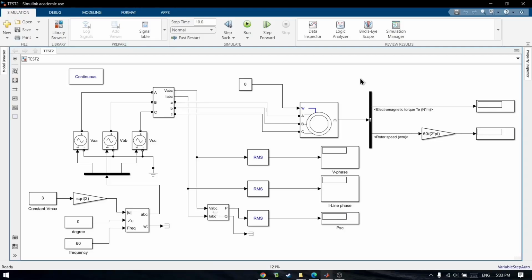In this simulation model, the block rotor test is performed by clamping the motor shaft to prevent rotation and applying a reduced 3-phase voltage to the stator. This setup mimics a short circuit condition in a transformer, allowing us to measure the series impedance components of the motor.